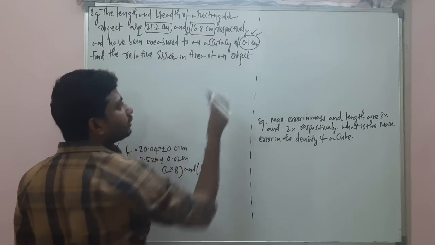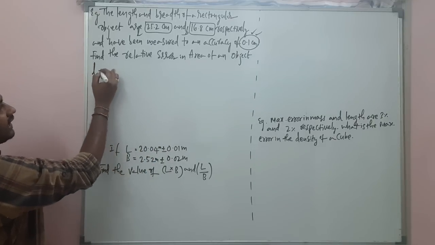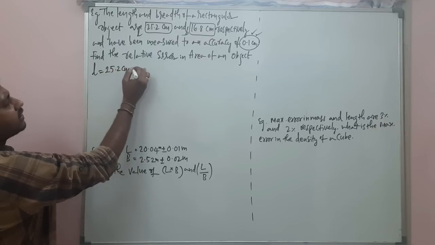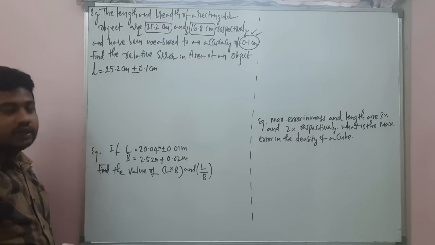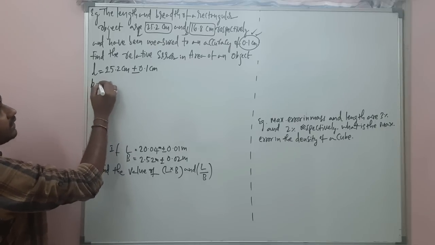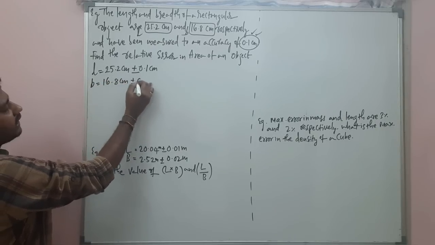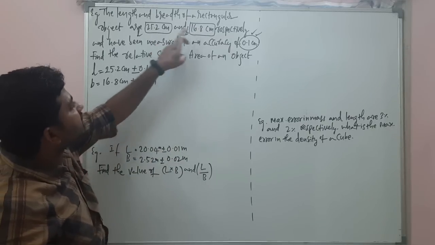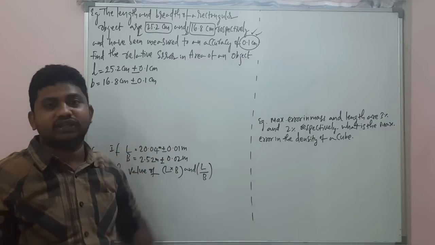Given L is equal to 25.2 centimeters plus or minus 0.1 centimeters. This is called the error. And the breadth value is also equal to 16.8 centimeters plus or minus 0.1 centimeters, because both the measurements have been taken with an accuracy of 0.1 centimeters.